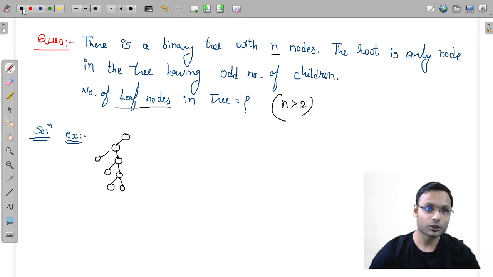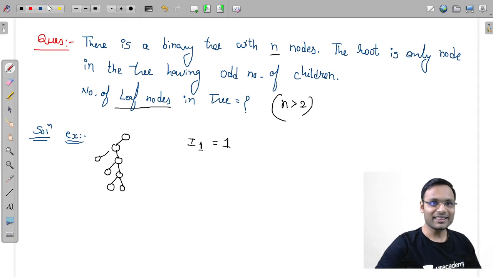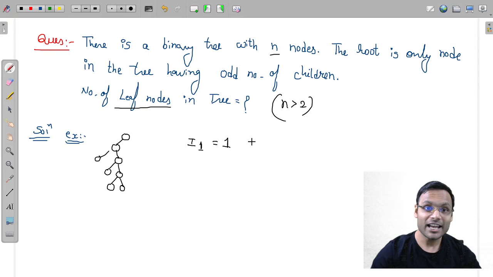While solving the question, I can say that if n nodes are there and among those only the root has an odd number of children, meaning it has one child, then I1 is equal to 1. Can I say that? Yes, of course.